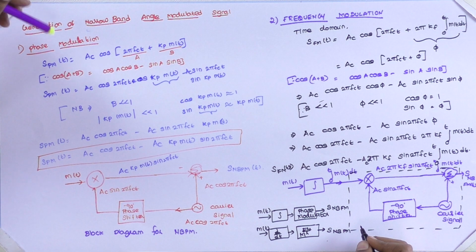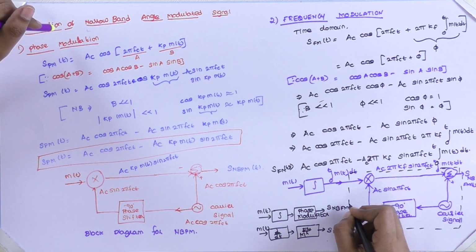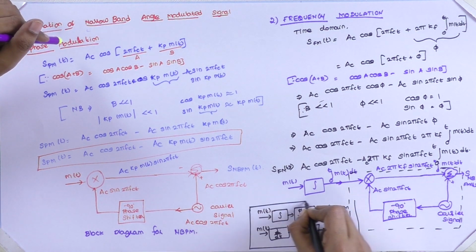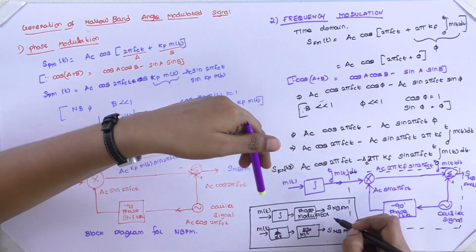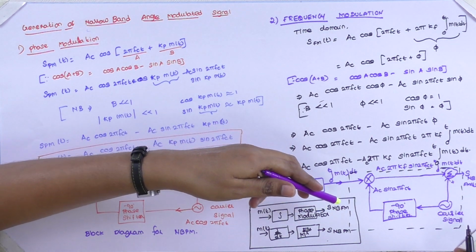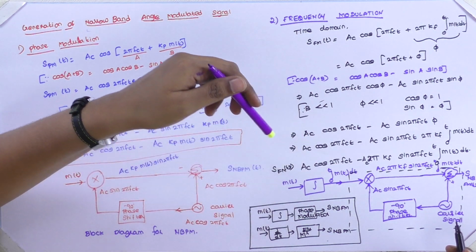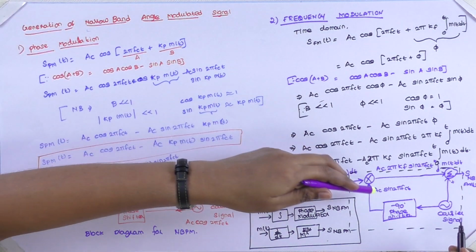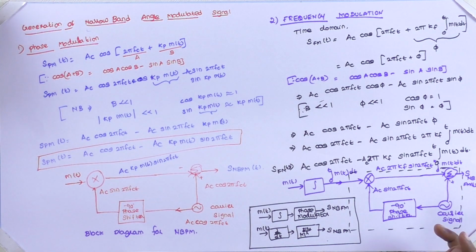This is the relationship we have already seen in the introduction to phase modulation and frequency modulation. Therefore, if we need phase modulation, we can easily generate it from a frequency modulated wave, and vice versa. It is more than sufficient to study the generation and detection of frequency modulation, because phase modulation is inbuilt in frequency modulation.